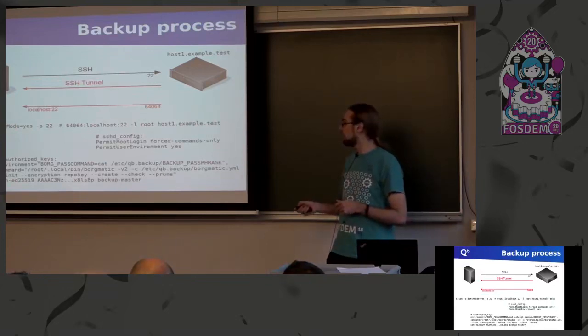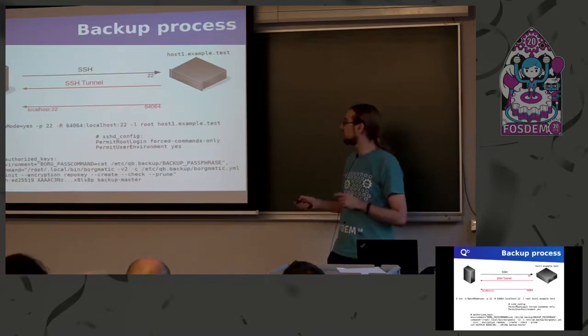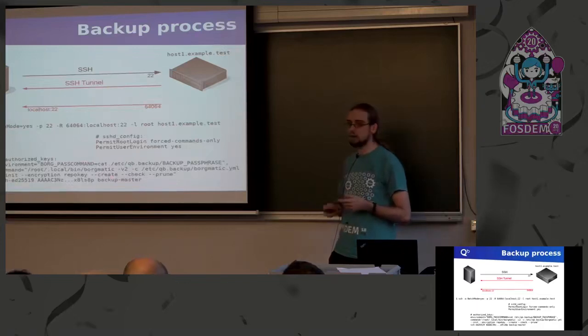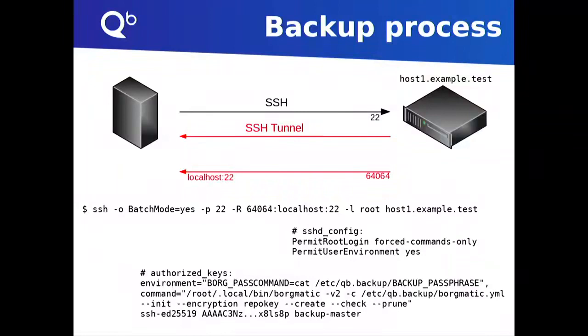If the repository doesn't exist on the backup host already, you can create it using an encryption key that we don't store on the backup server itself, that we store on the host that needs to be backed up. Then you can create a new backup, check all existing backups for integrity, so we are sure that the backups don't become corrupted over time, and that we can actually reassemble all the various blocks from all the various backups we stored.